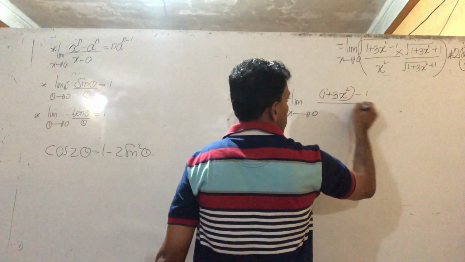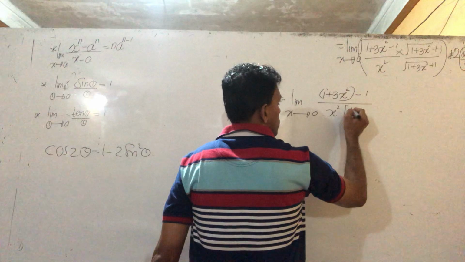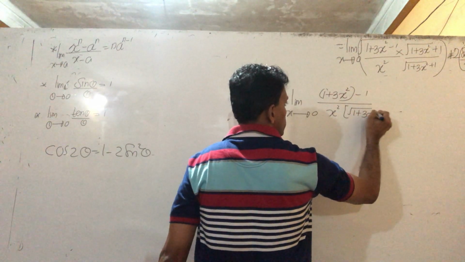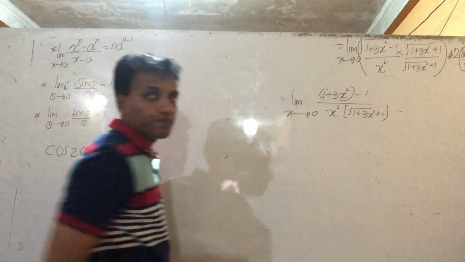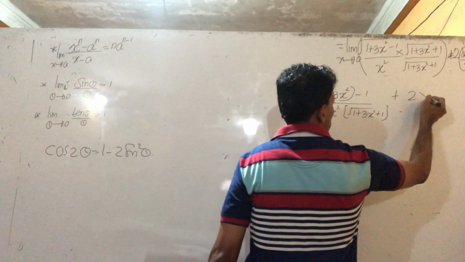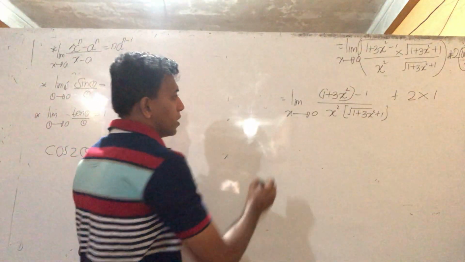Minus 1, below x square into square root of 1 plus 3x square plus 1, and plus 2 into 1, since sin x over x is 1.